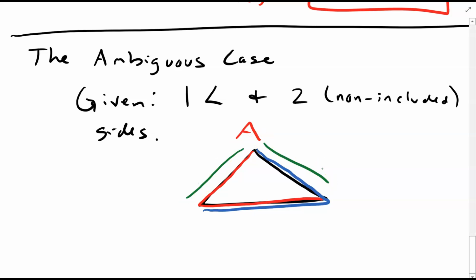Those are the two sides that make up angle A. So if A is the angle that's given, when we say non-included sides, it's either the two red ones or the two blue ones, but you can't have one red one and one blue one.